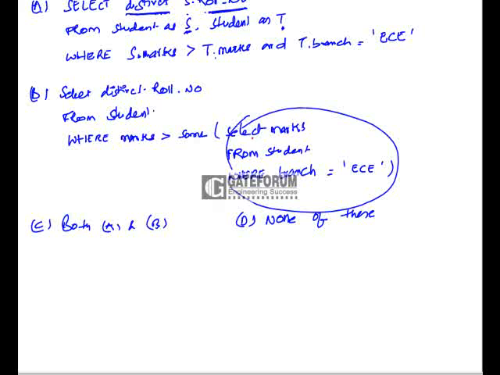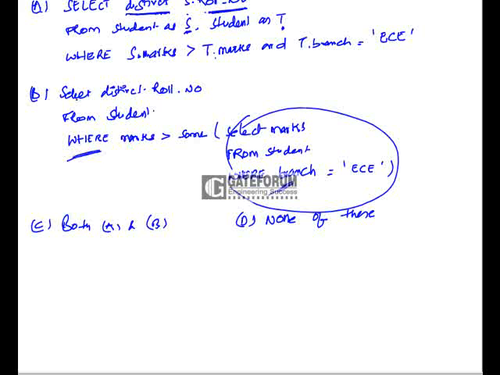This subquery selects only the marks column from student where branch is equal to ECE. That means all the marks of the students from ECE branch are selected by this query, and this query is placed in the where condition.